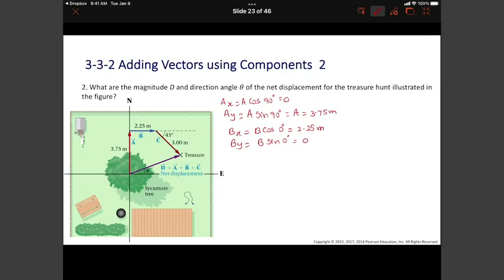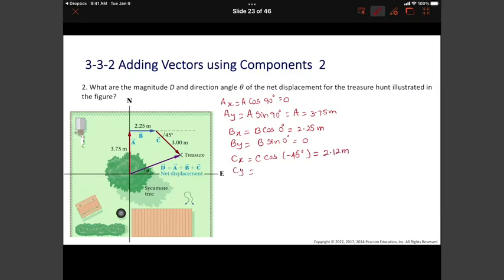Now for vector C, it has both x and y components because it is at an angle of 45 degrees. So for C, x is C cos of minus 45, since it is a negative angle, which is equal to 2.12 meter.